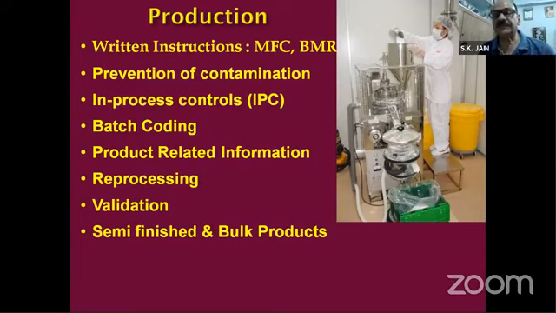So frequently we have to take samples. Batch coding: there are SOPs for batch coding, product related information, and reprocessing. If there is reprocessing, there should be an SOP for reprocessing of the different formulations.